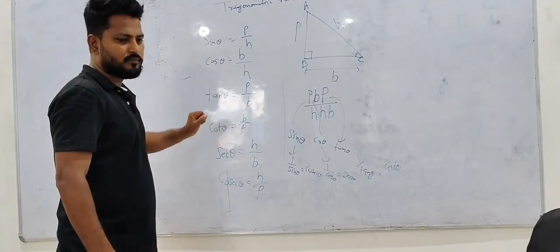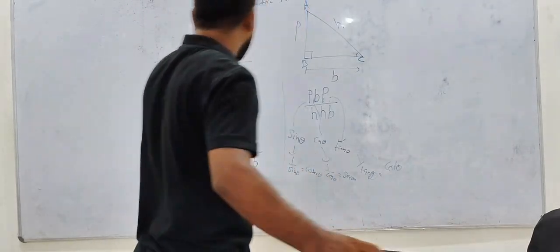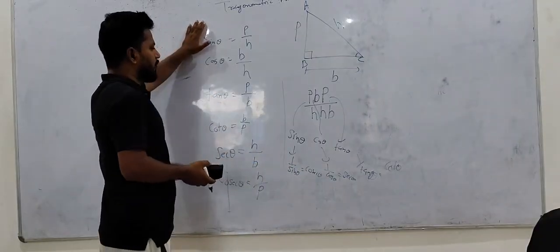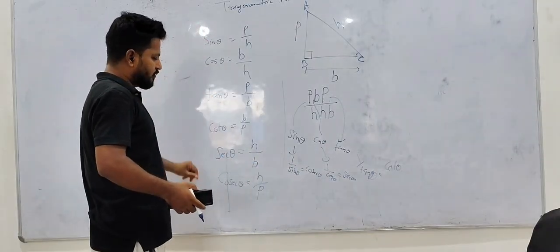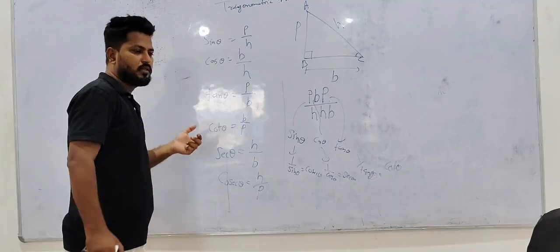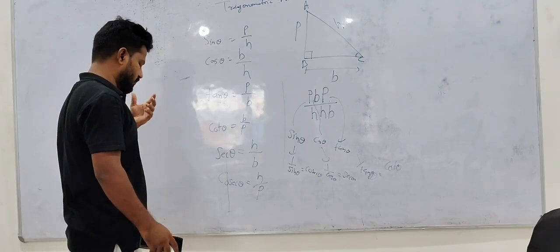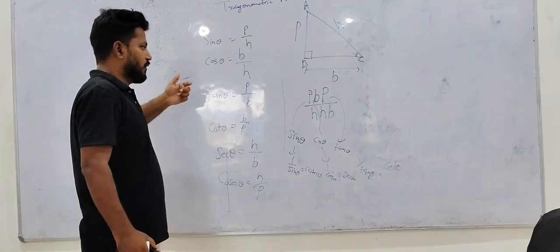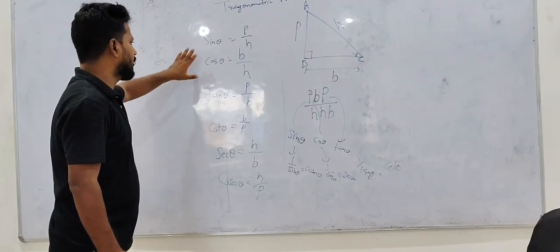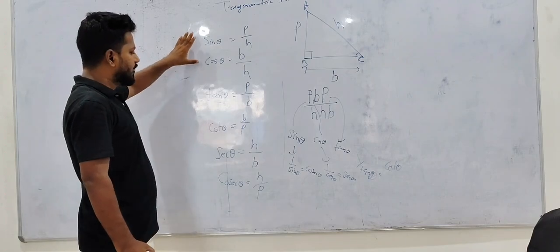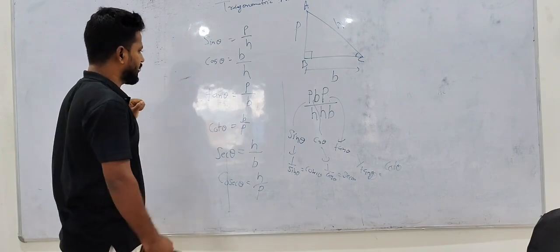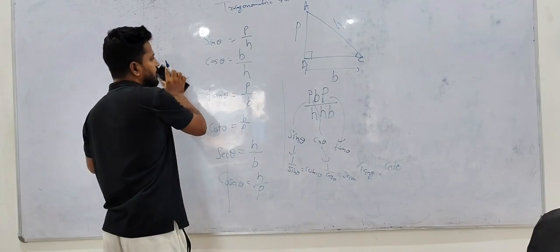By the way, this is a very important concept, because there are basically three identities which we will mostly use in class 10, and they get proved with the help of the ratios.